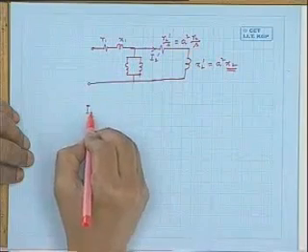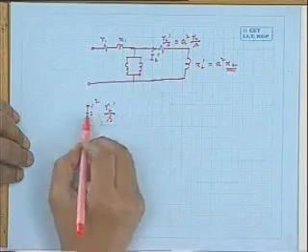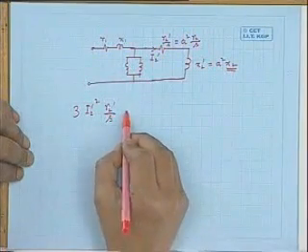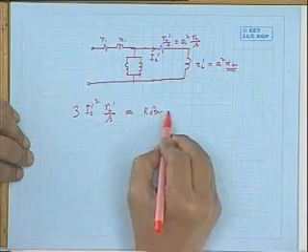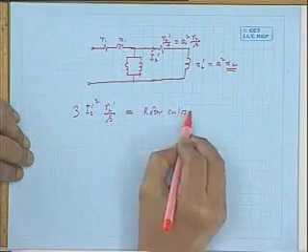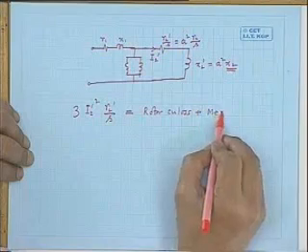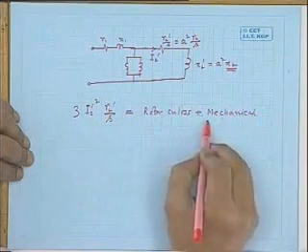See, suppose this current is I2 dashed. So I2 dashed squared into R2 dashed by S into, of course, 3, as there are 3 phases, will be equal to the total rotor copper loss plus mechanical power developed.